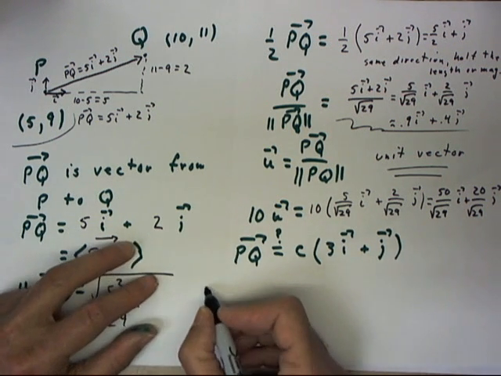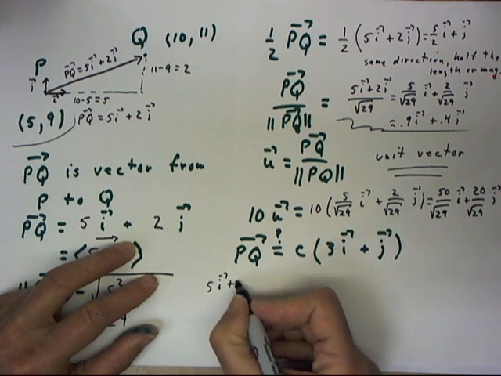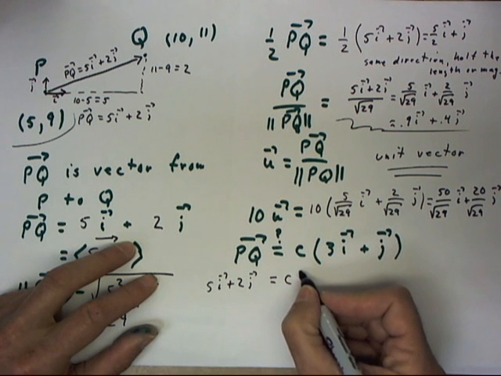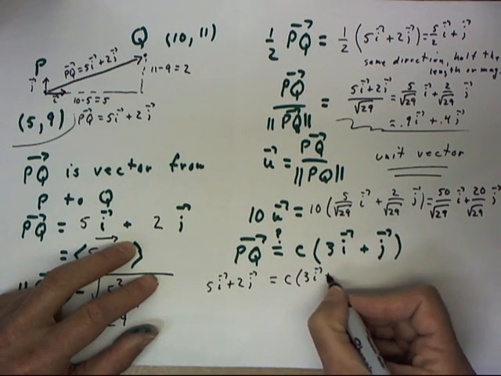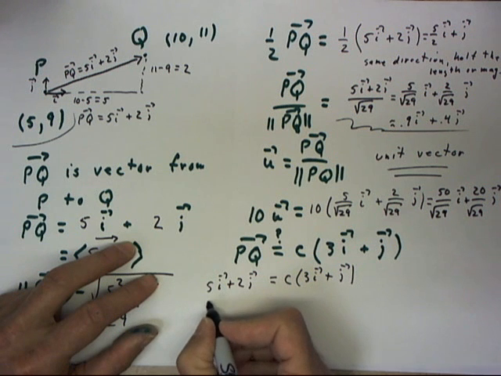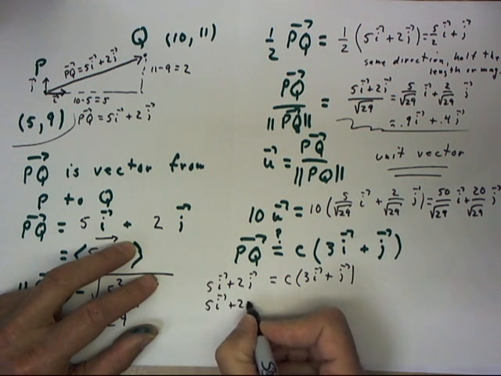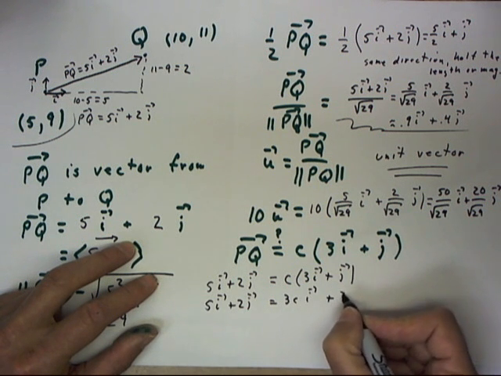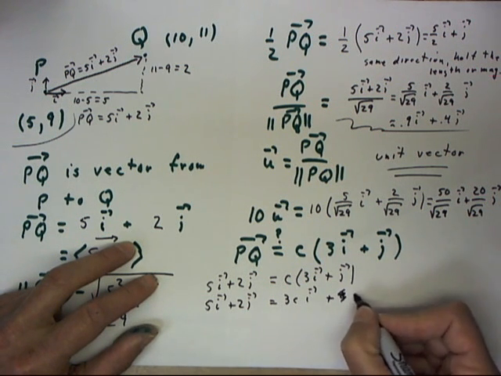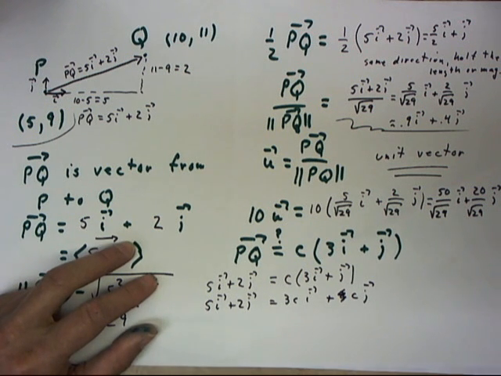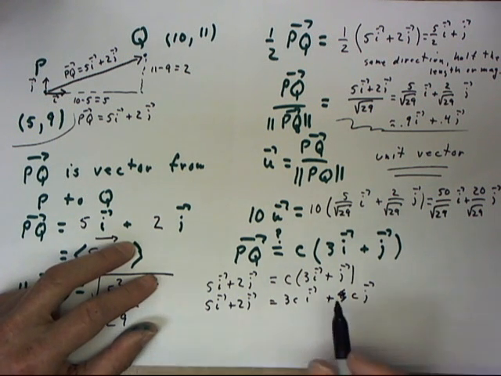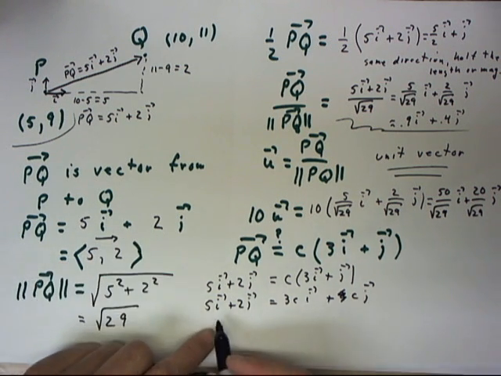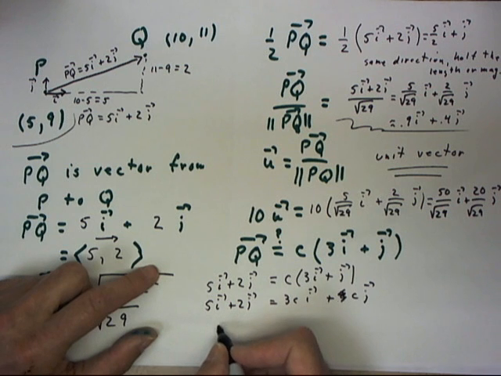Well, our vector PQ is 5i plus 2j, and we set that equal to c times 3i plus j, and we get 5i plus 2j equals 3c i plus c times j. These vectors are equal if and only if their i components and their j components are both equal.